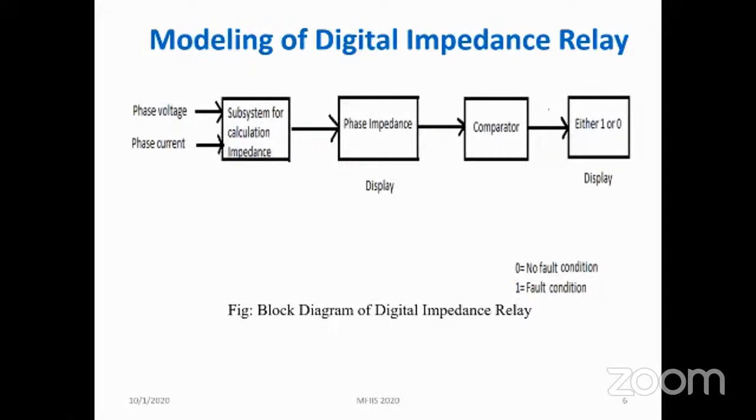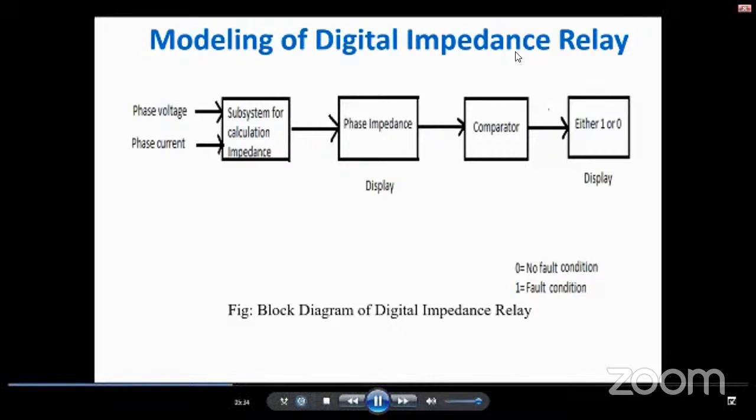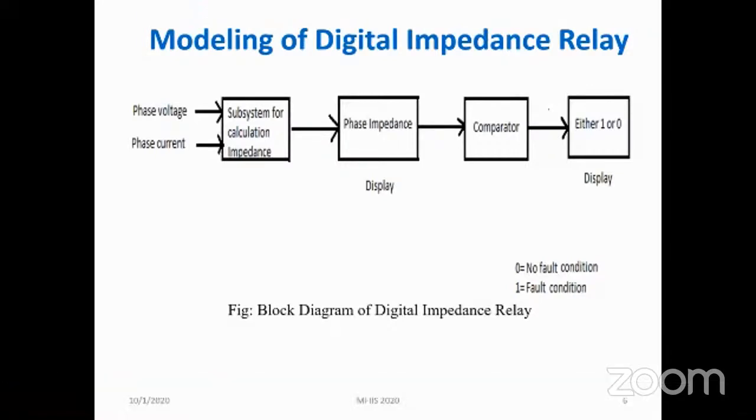So the output is 1 if there is a fault, and it is 0 if there is no fault. So this simulated system worked successfully, but could not detect correctly all the fault conditions. Hence, it was decided that the relay would be tested using features extracted from processed signals.